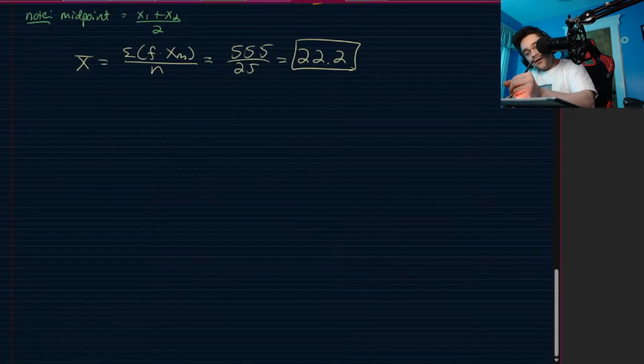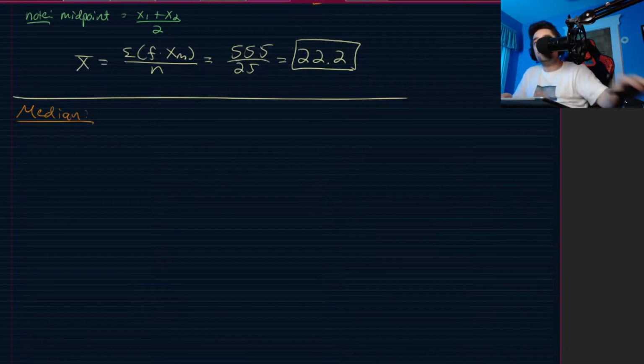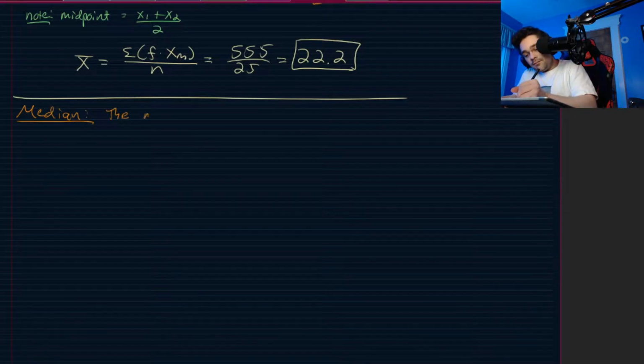Okay. The next thing I want to talk about here is the median. And the median is the literal middle of the data. So the median is basically the midpoint of the data array.